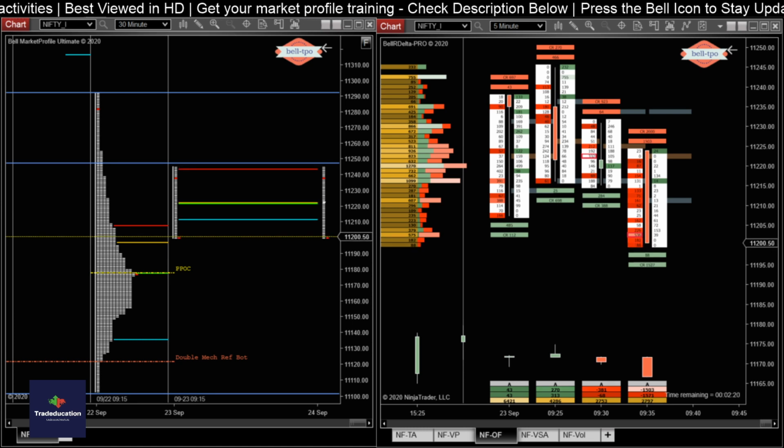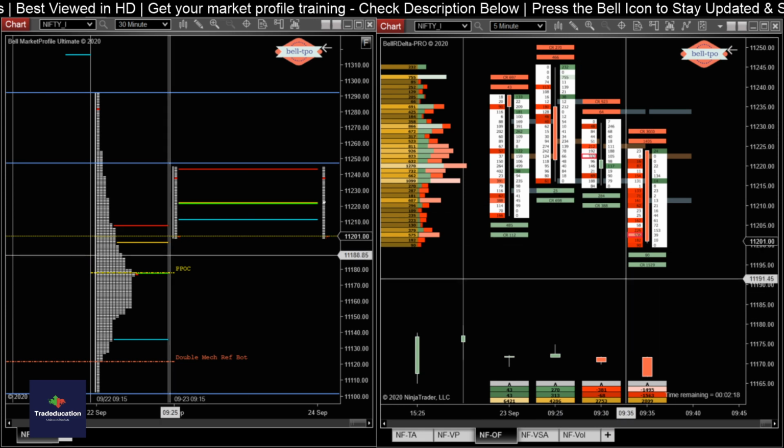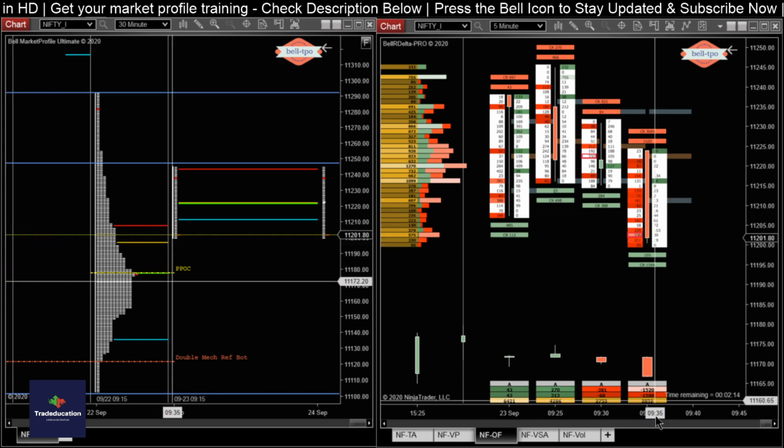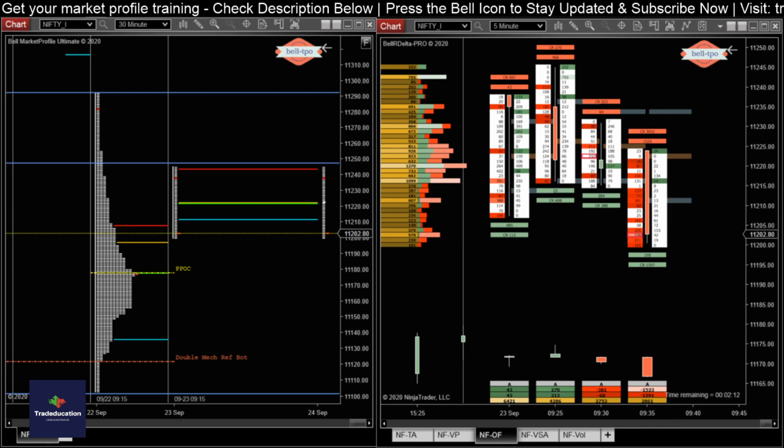Okay, so momentum sellers are stepping in. Let them take the auction lower.